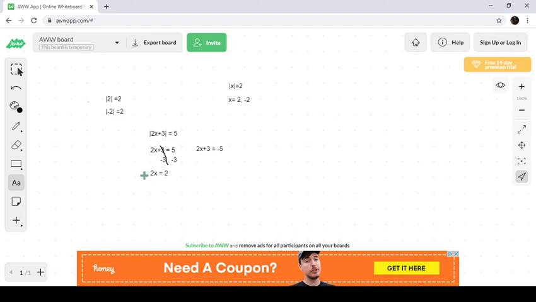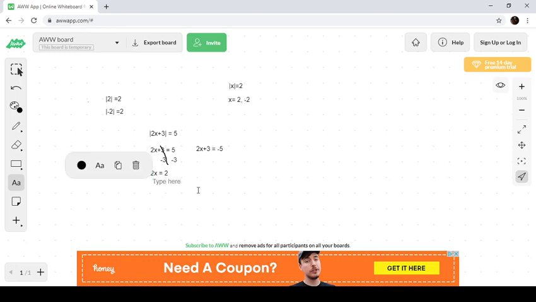Okay, now we have 2x equals 2. We want to get rid of this 2. Now we can't just say minus 2, because that x is attached to it. That x is part of 2x. So we need to separate the 2 from x. So the way we do that is we say, all right, well, what's really happening here is this is 2 times x. So the opposite of that, in order to cancel that out, would be to divide by 2.